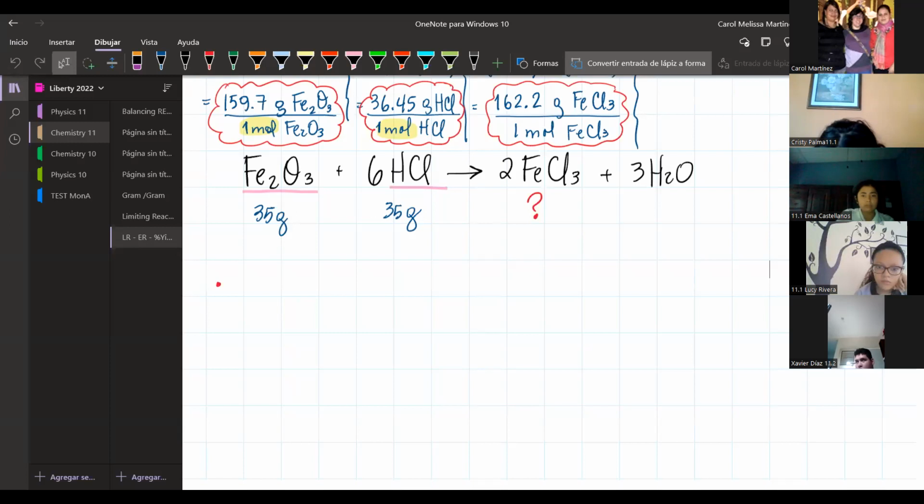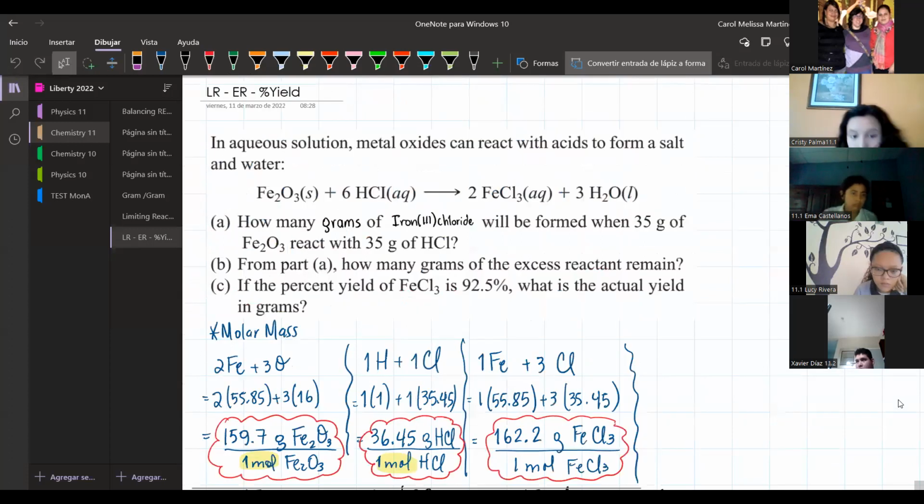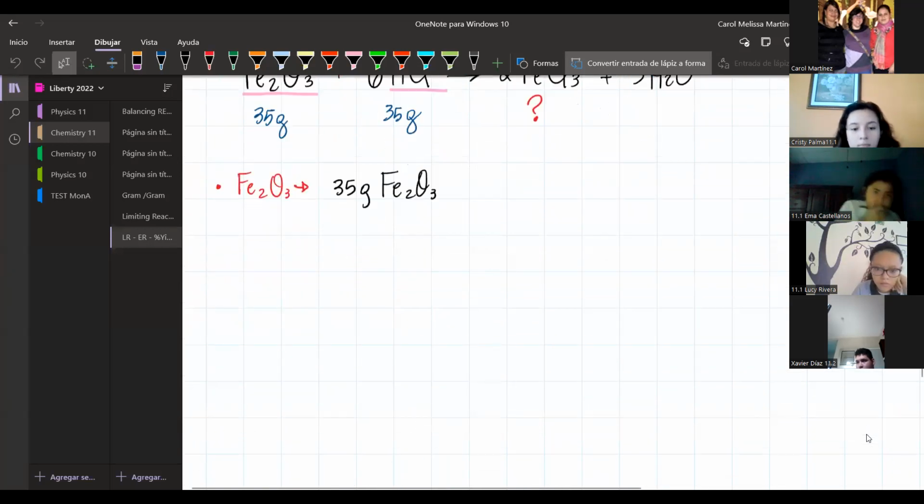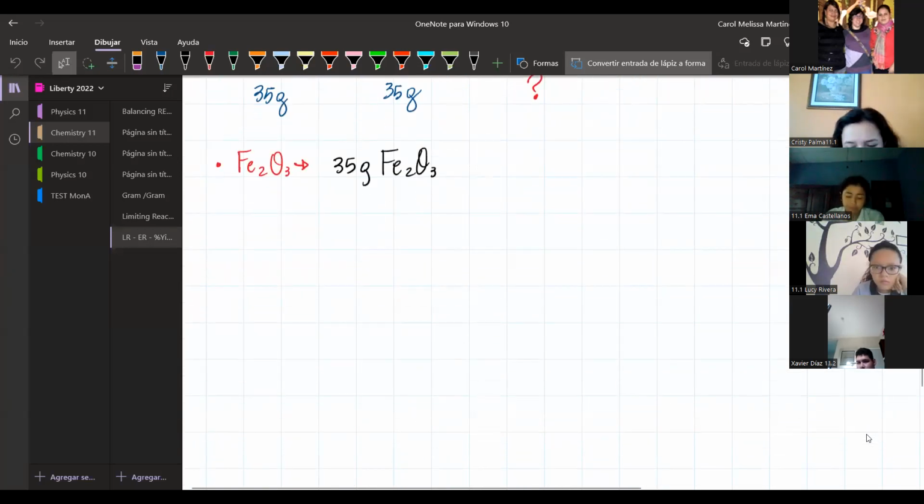For the first reactant, that is iron 3 oxide, they are giving me 35 grams. So I need to do that procedure grams to grams, okay? The question says, how many grams will be formed when 35 grams react, okay? So my procedure is from grams to grams.